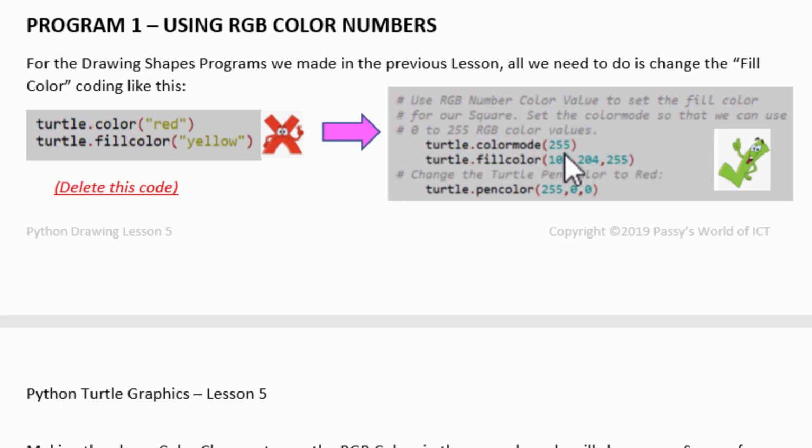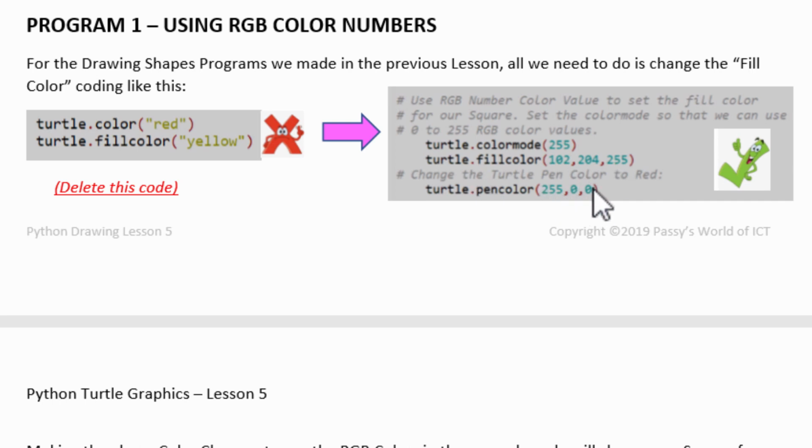So you've got to have that line first so it knows you're doing RGB colors. Then for your fill color, you just go turtle.fillcolor and put in the RGB value you want to use, like 102, 204, 255. And for the pen color, we're just using all red, so we've got 255, 0, 0, all right?